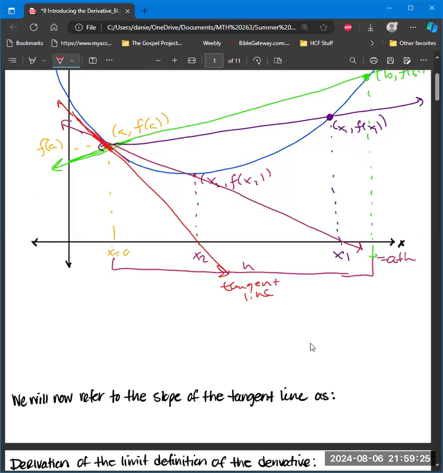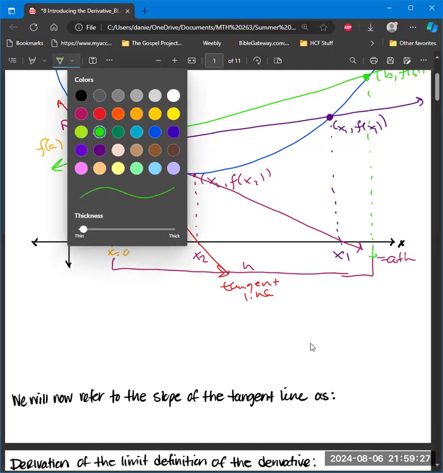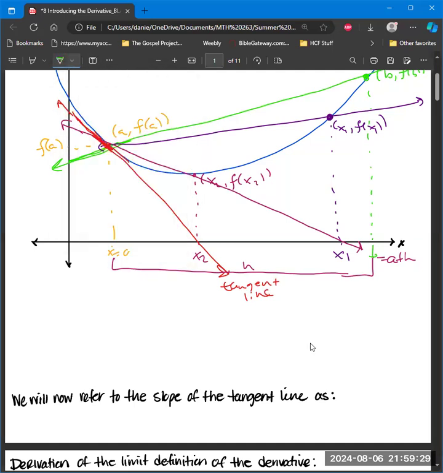And so let's take some notes here that are color-coded. Note the slope of the secant line that's green: m equals f of b minus f of a over b minus a.